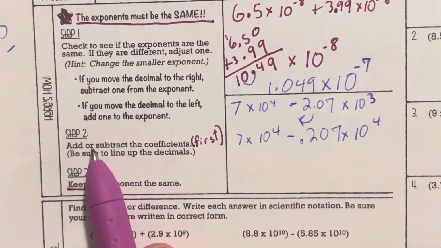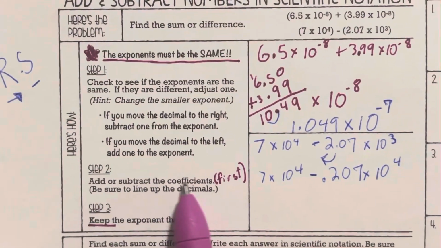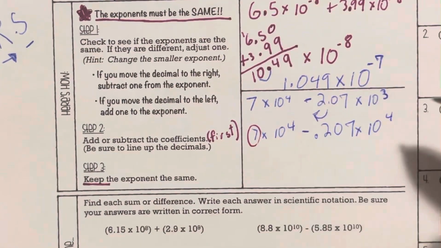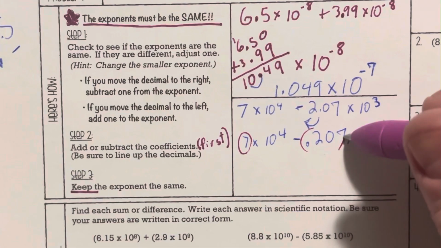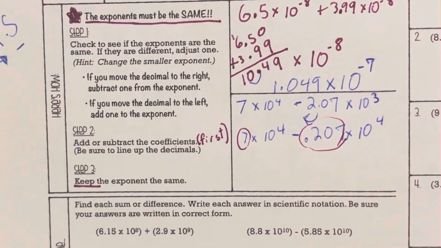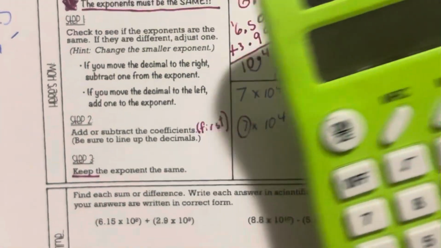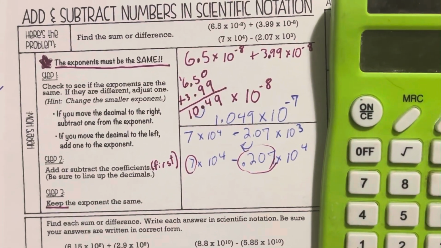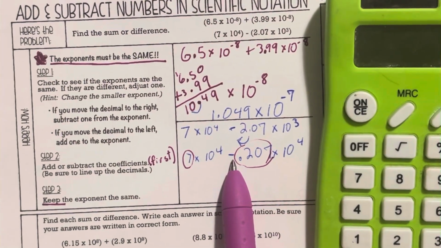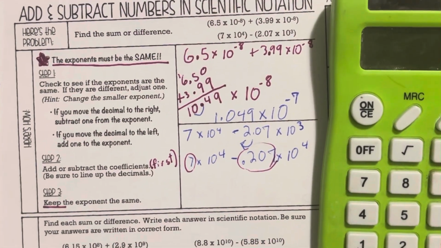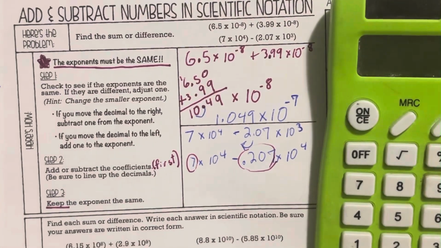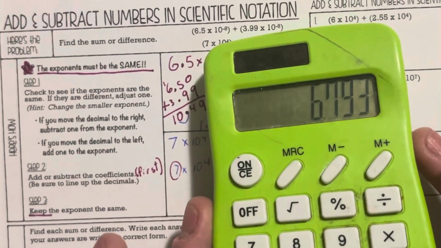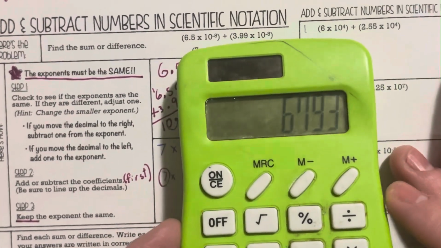Okay, so I'm going to take a look at adding or subtracting the first numbers, the coefficients. That's the 7 and the 0.207. Now, because I can, let's use a calculator for this part. 7, minus, I almost added, but this is a subtraction problem. 0.207 equals, I got 6.793.